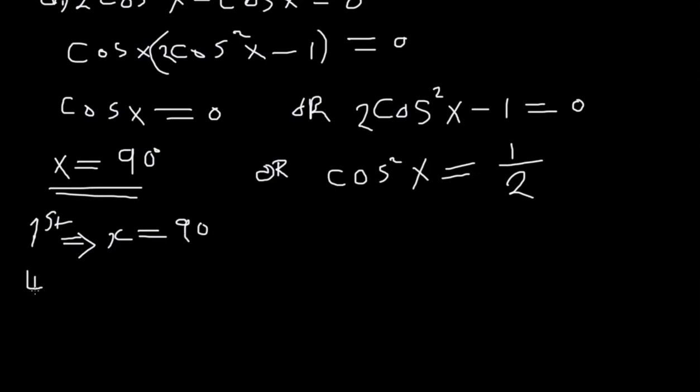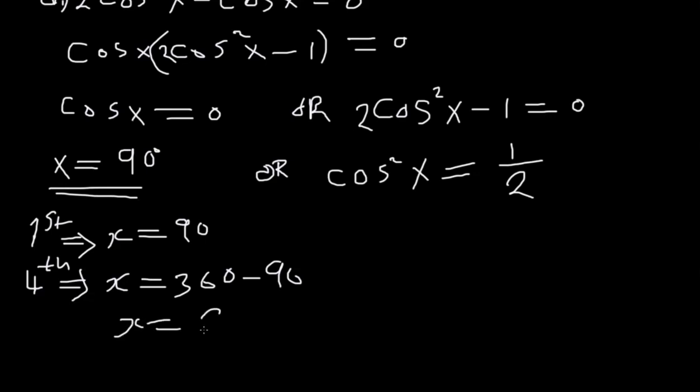Then in the fourth quadrant, the value of x is equal to 360 minus 90, which gives you 270 degrees. So we're done with the first part this side. Let us also write the second part this side.